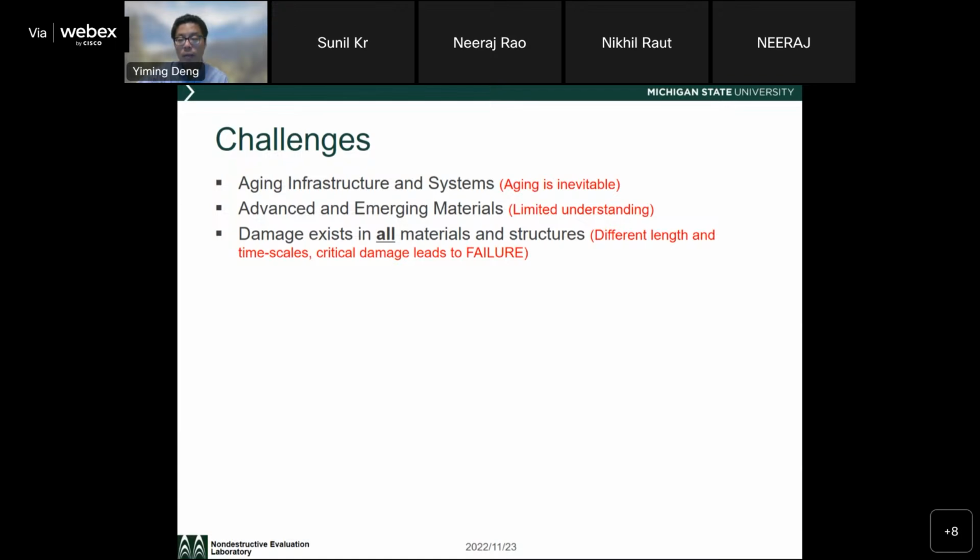For others like polymers, plastics, and so on, of course, you'll see that during the production of a material, you have different length scales and different time scales. In terms of time scales, you can have accumulation of damage over time.